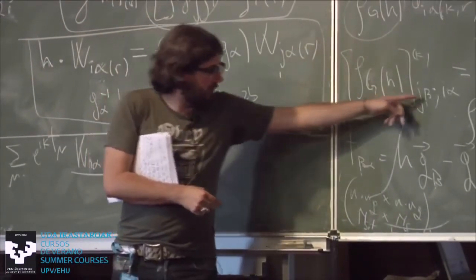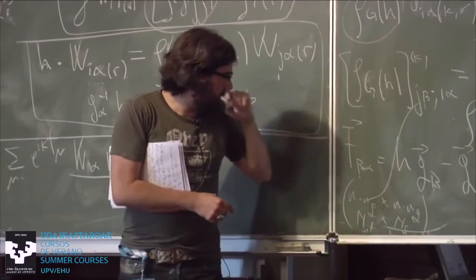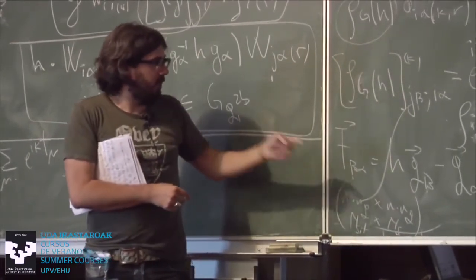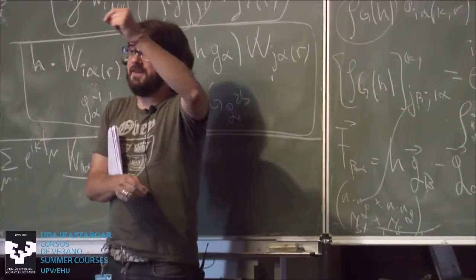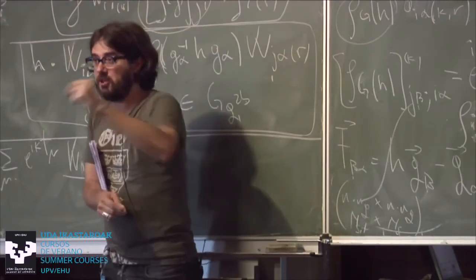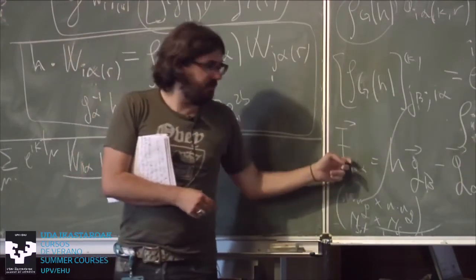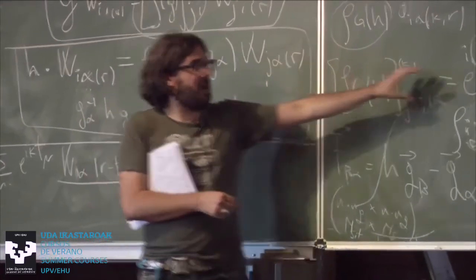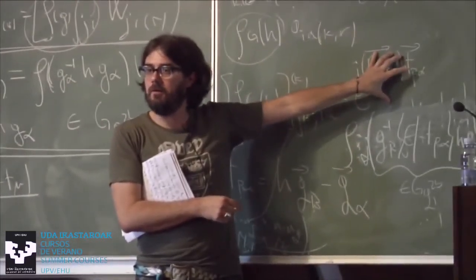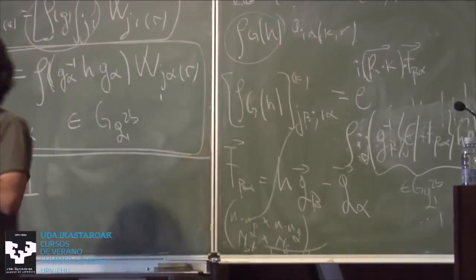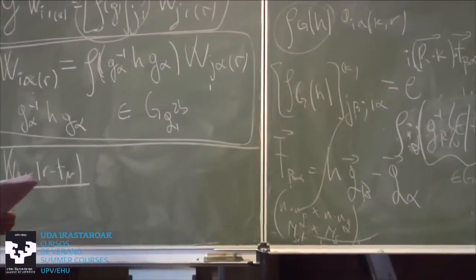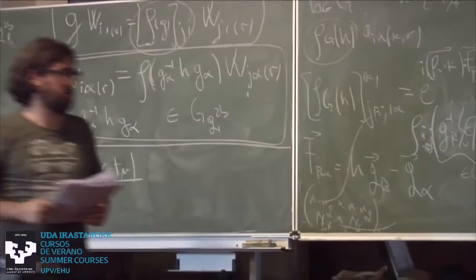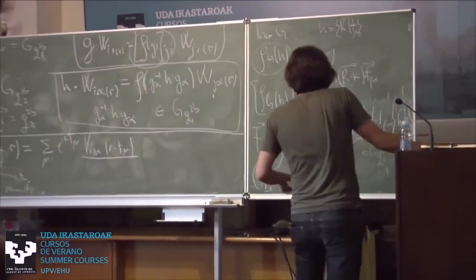Beta and alpha run between 1 and the multiplicity of the Wyckoff position, and this is a vector for each of them. This is a number. That's right. So this is the matrix.